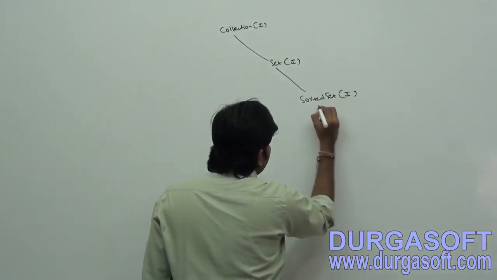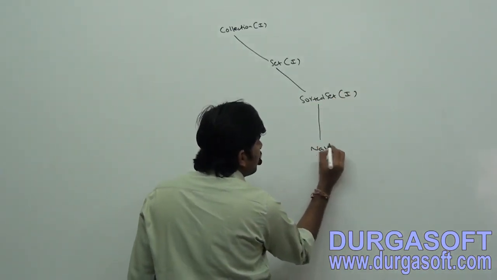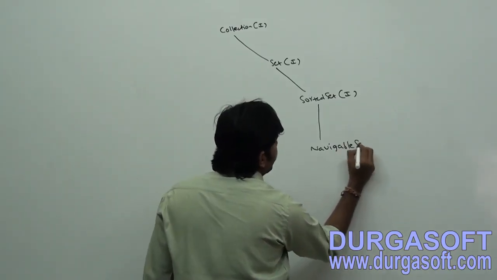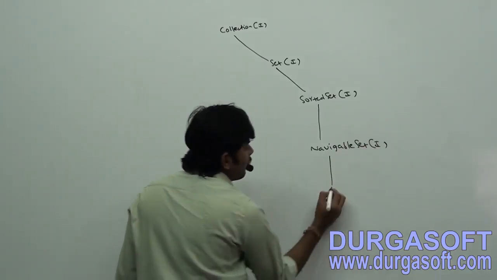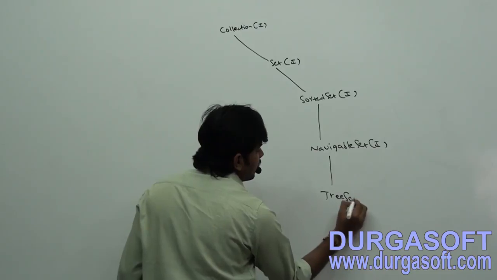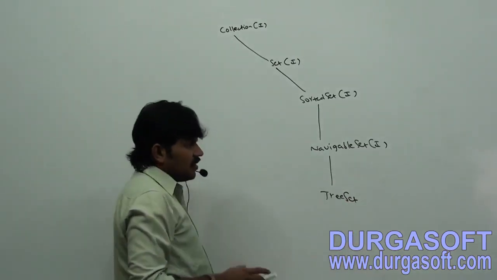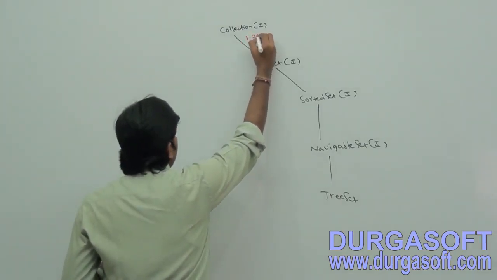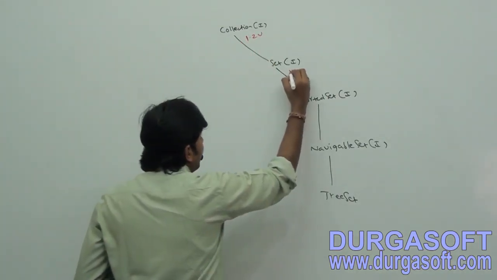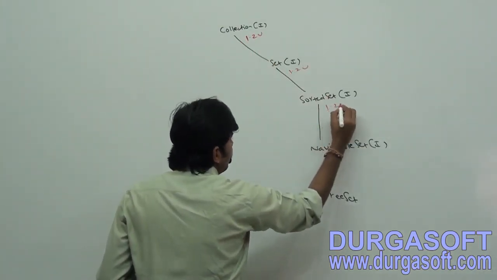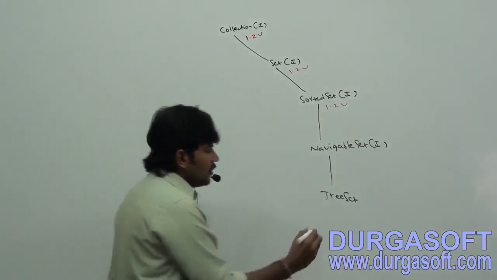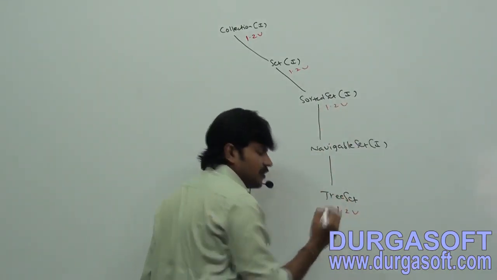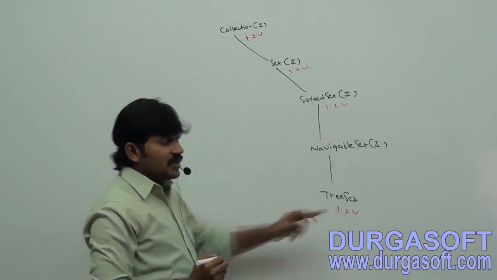Now navigable set came, and then tree set, the implementation class. In the old versions, collection came in version 1.2, set came in 1.2, sorted set came in 1.2, tree set came in 1.2.